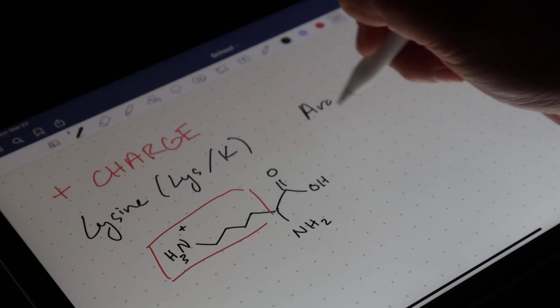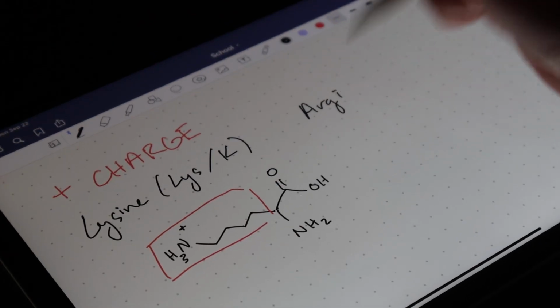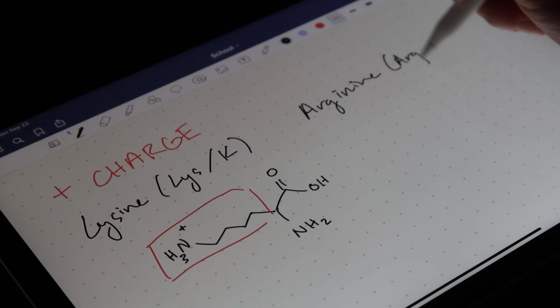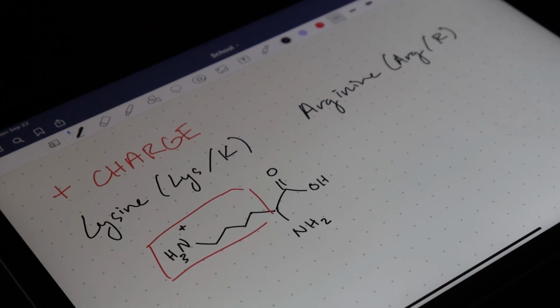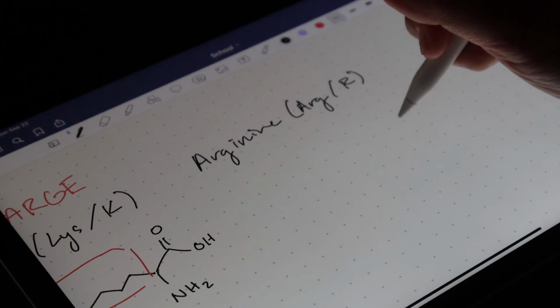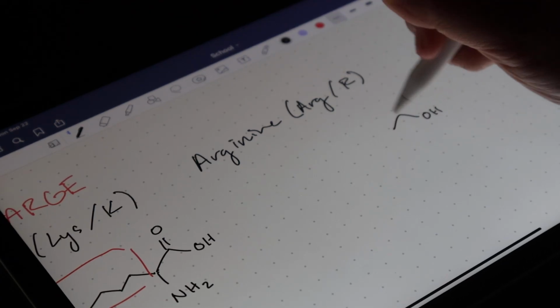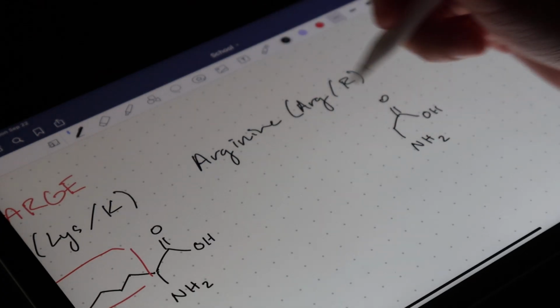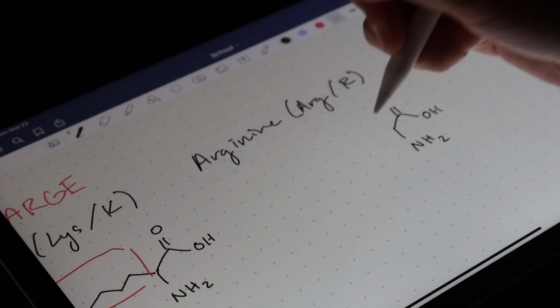Next we have arginine, which is ARG or R, which again, I think that one's pretty intuitive. Similarly, we're going to have a pretty long chain, at least long compared to the rest of the amino acids so far.